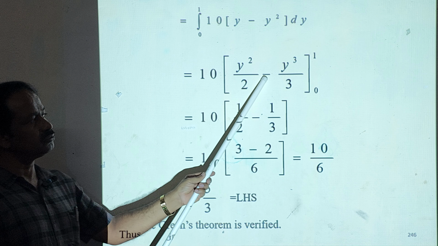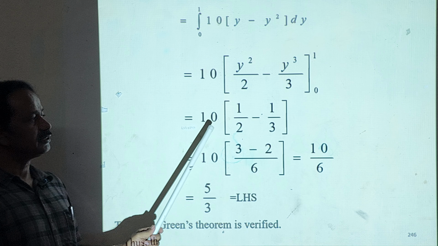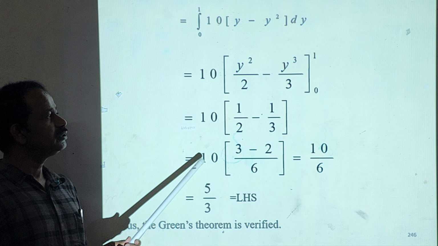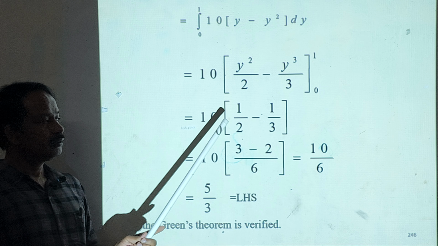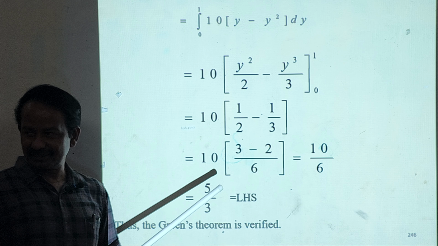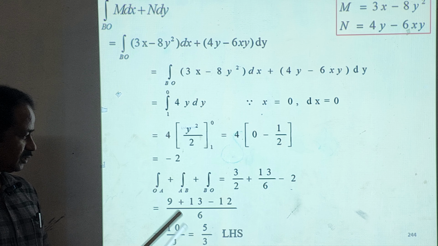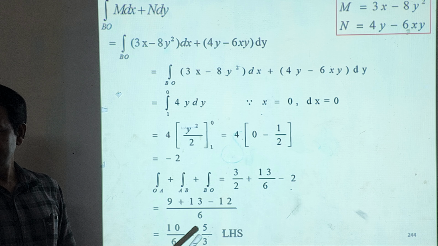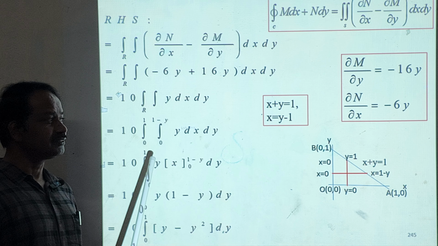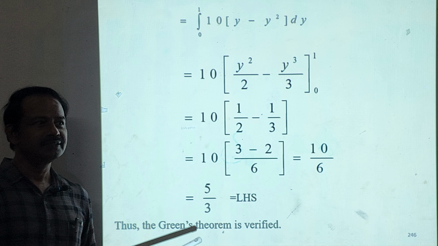So y squared by 2 minus y cubed by 3, 0 to 1. Substitute the upper limit will give you 1 by 2. Substitute the lower limit will give you 1 by 3. Take the LCM. So that will give you 10 by 6, which is nothing but 5 by 3. So which is exactly equal to the left hand side. See? So we have verified Green's theorem. We have verified Green's theorem. Is it okay? Simple problem.